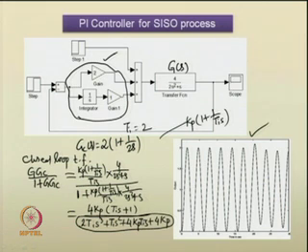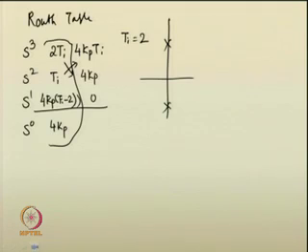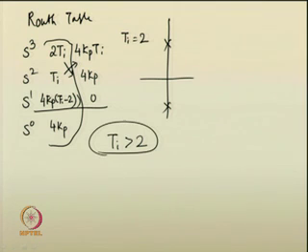So, when TI equals 2, we get an oscillatory output from the system, but when TI is greater than 2, or very large compared to 2, we must obtain a stable response from the closed loop system.